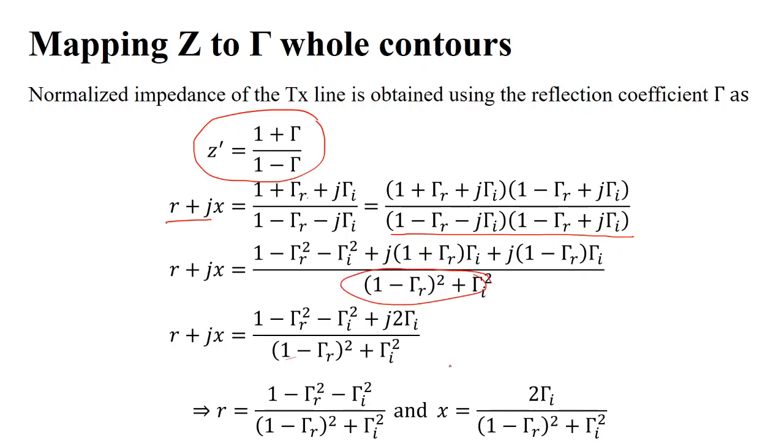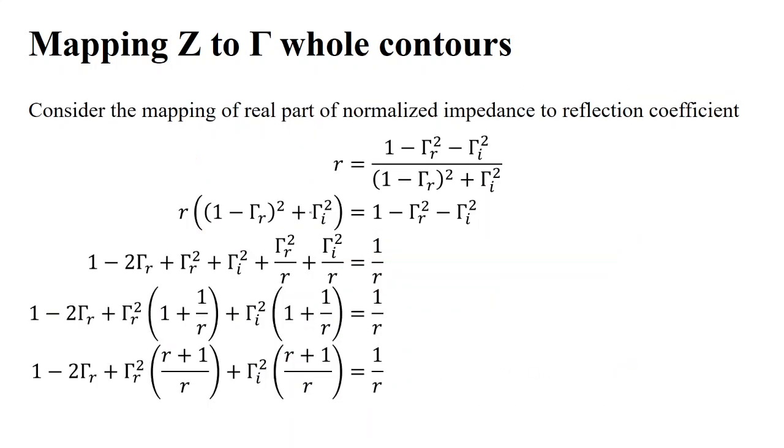So when you simplify, you go through this one. You equate the real part, this one, and similarly this one will be the imaginary part. So the real value will be equal to this one, and the imaginary value of the normalized load is given here.